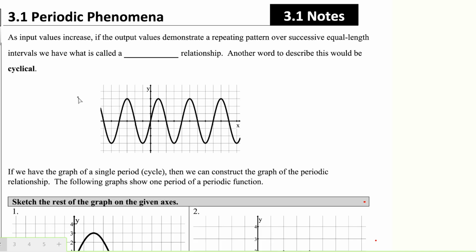As input values increase, if the output values demonstrate a repeating pattern over successive equal length intervals, we have what is called a periodic relationship.